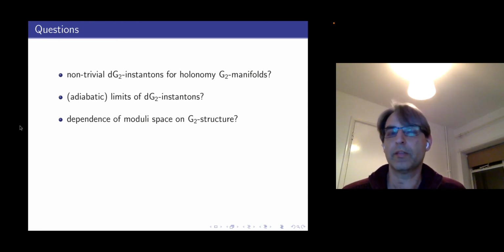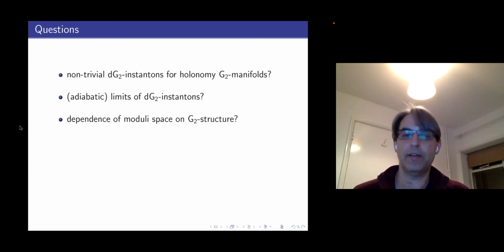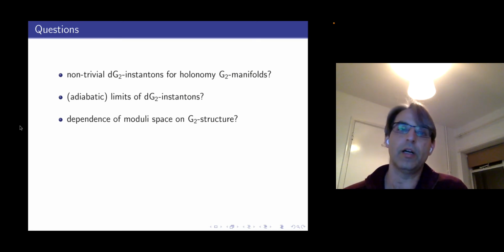So one could ask, potentially, maybe the Euler characteristic is independent in some sense of the isometry class of G2 structures. This is a possibility. It's not clear whether it's true or false.